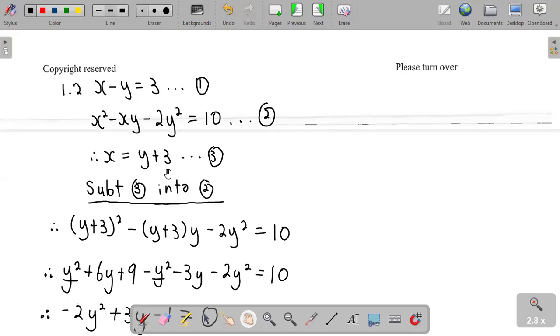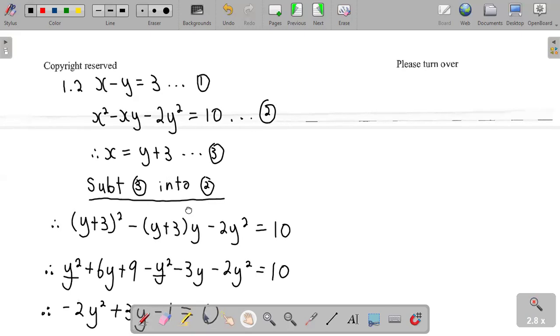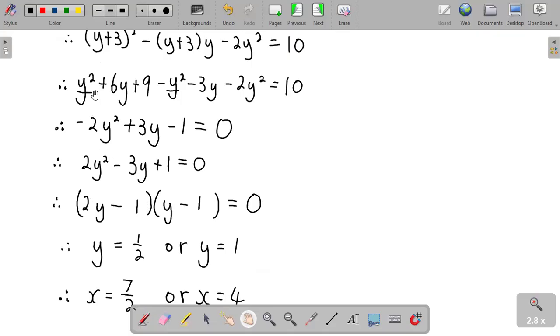Okay, so that's 1.2. I'm sorry about the mistake here. It was not a 3 here, it was a 2. So I'm sorry about that.